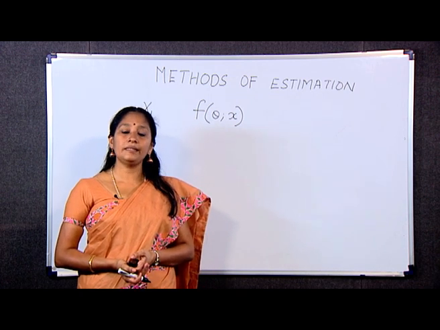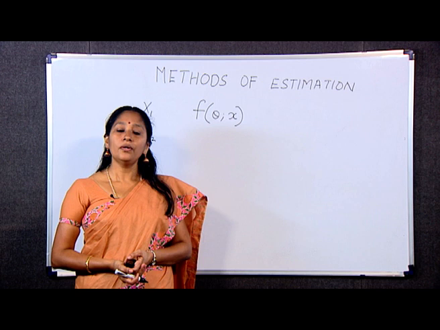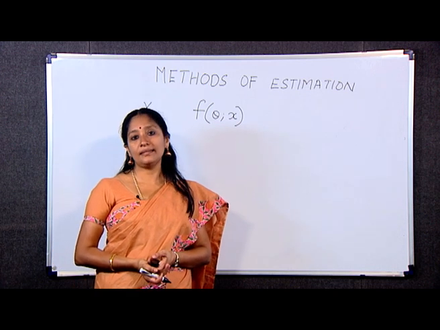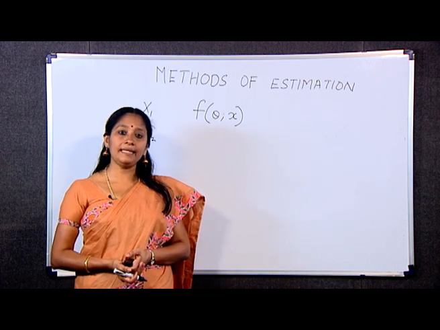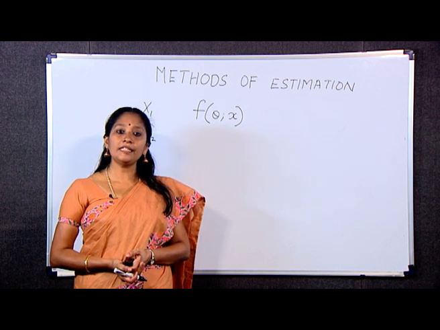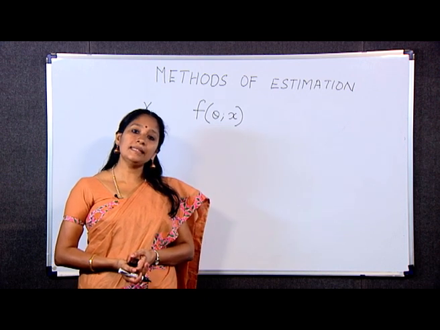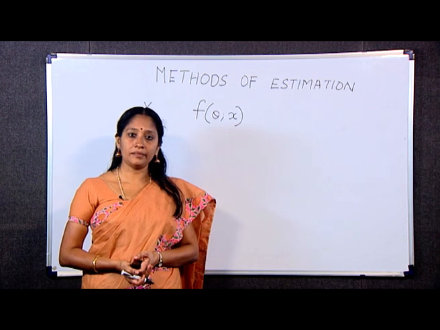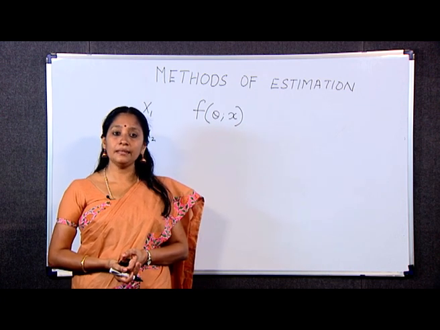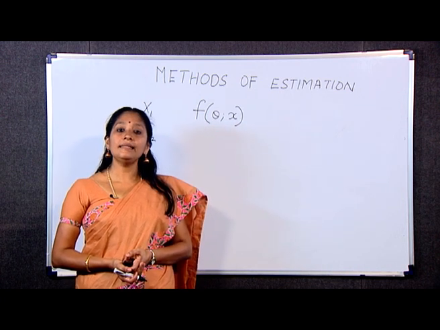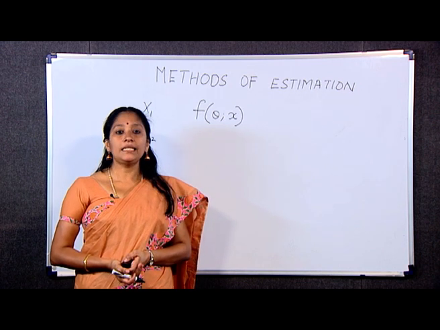It is point estimation since we have only a single value as the estimate, or we will say that the monthly income is between 27,000 and 32,000. This is interval estimation since the income lies in the interval 27,000 to 32,000.